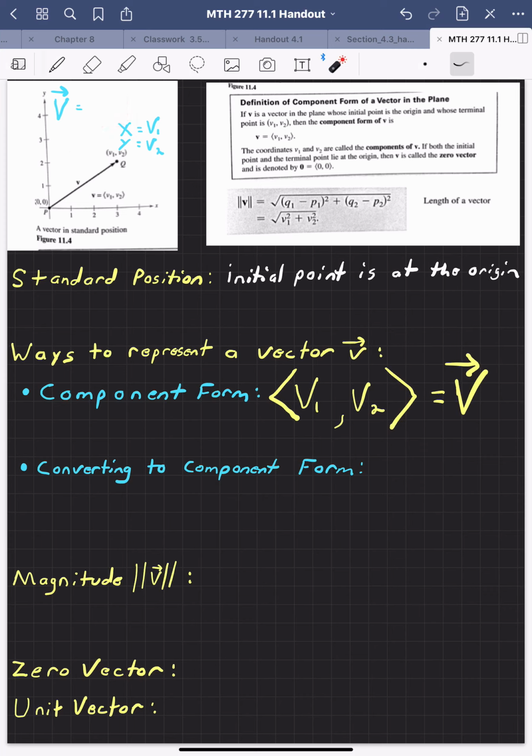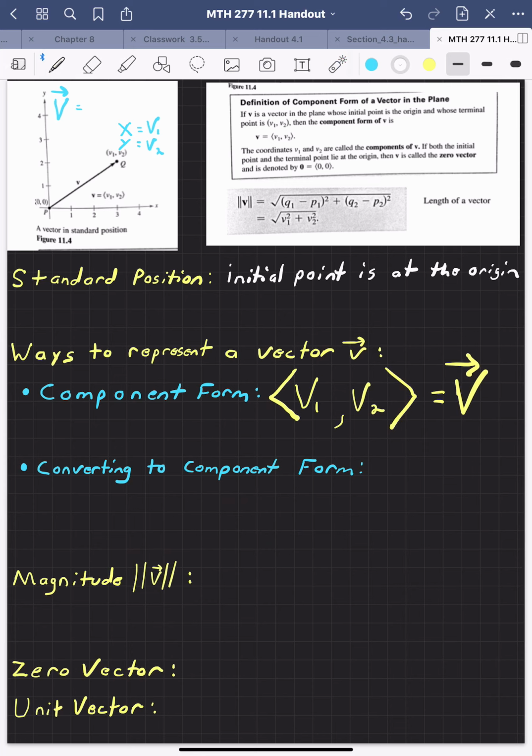And that also allows us to see how to write it in component form. So basically, I'm answering two questions at the same time. How do you get a vector geometrically into standard position, and how do we get a vector into component form?